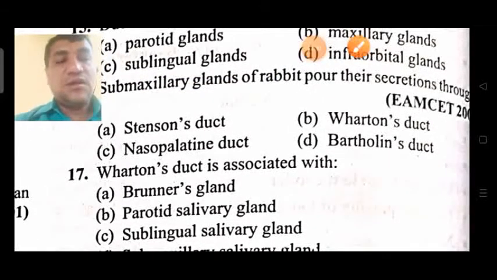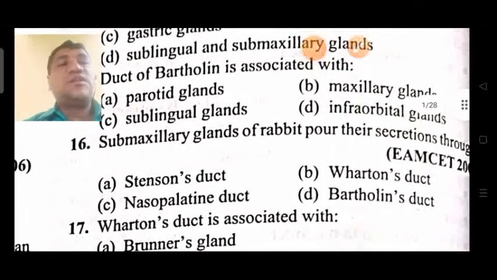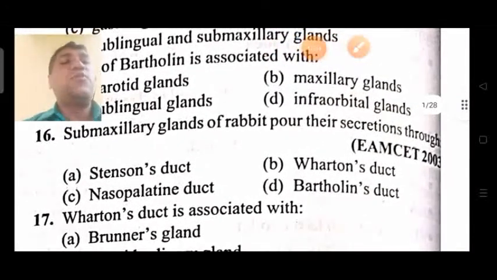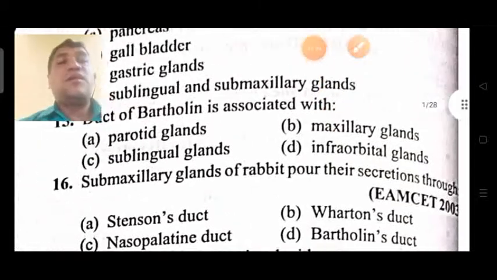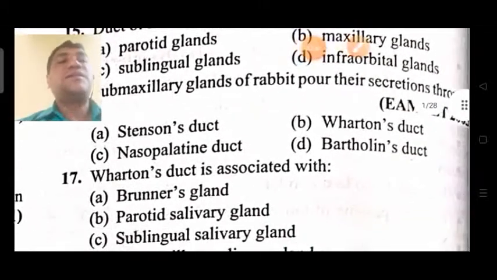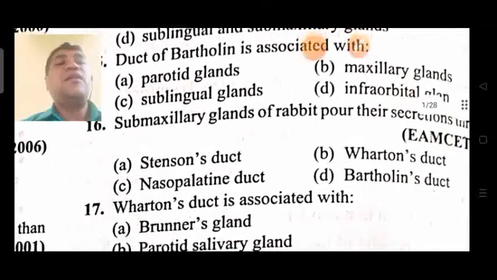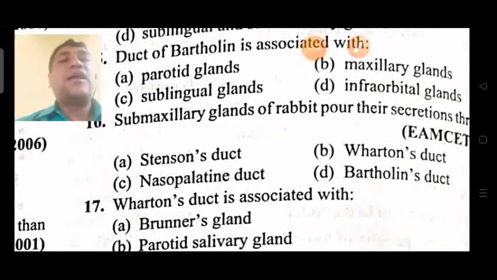Next, the 16th question. Submaxillary glands of rabbit pour their secretions through which duct? Already we have discussed that the submaxillary glands are different from the sublingual. The options are Stenson duct, Wharton duct, Bartholin duct, and nasopalatine duct.